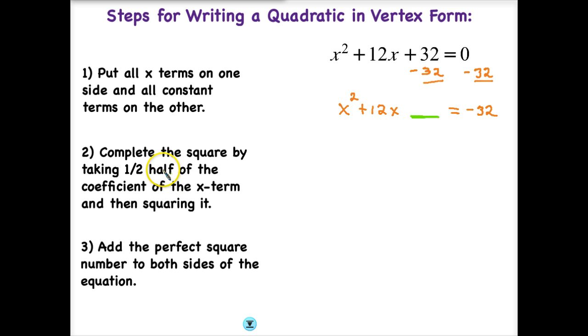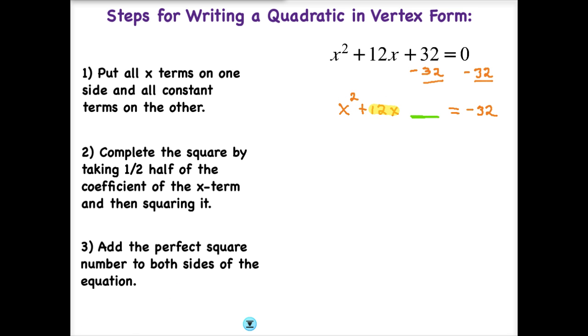So let's look at step 2. Step 2 says complete the square by taking 1/2 of the coefficient of the x term and then squaring it. Our x term is right here, this 12x. This is our x squared term, which is different than our x term.